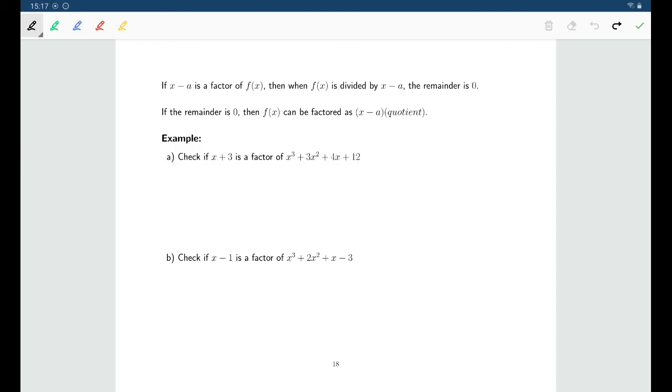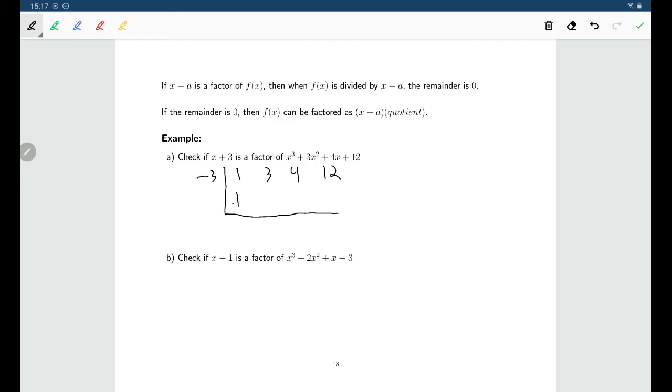So when the question is, can we find out, is x plus 3 a factor of this polynomial, yes or no, we can ask just by using synthetic division. If the remainder is 0, then the answer is yes. If the remainder is not 0, then the answer is no. So for this polynomial, it's 1x cubed plus 3x squared plus 4x plus 12, and we're interested in checking if x plus 3 is a factor, so we'll use negative 3.